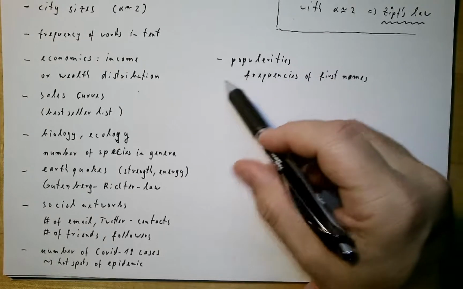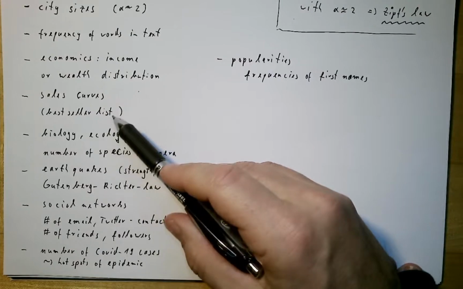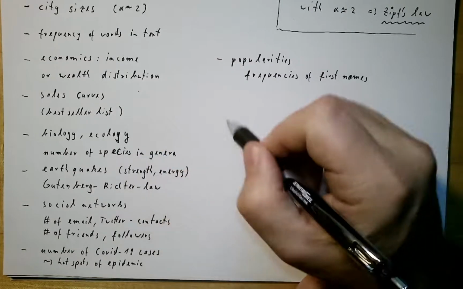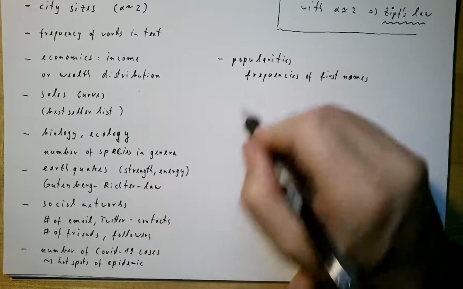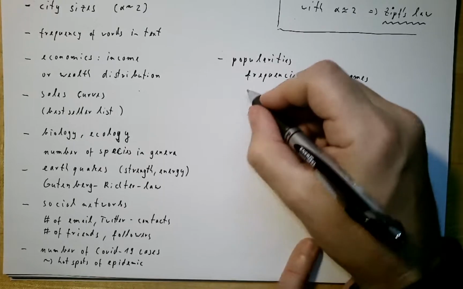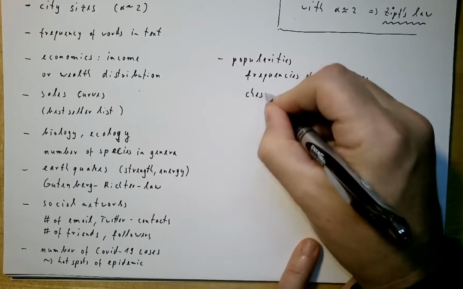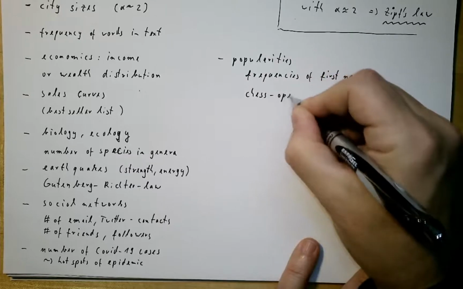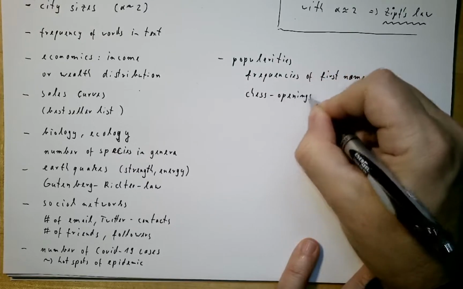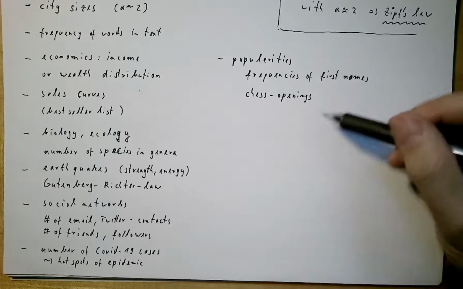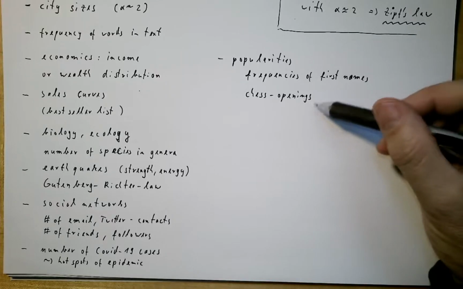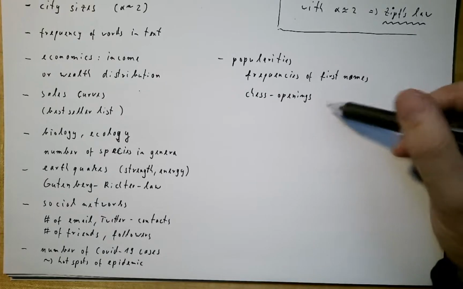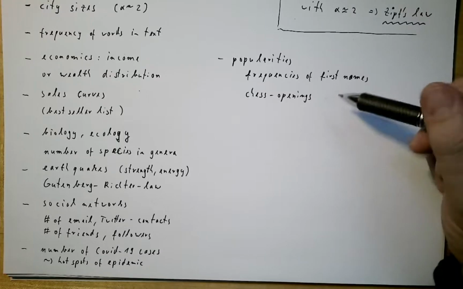This popularity is very similar to the sales curve, the bestseller lists. I also did research there. We looked at the popularity of chess openings. When you play a chess game, you can start with a certain opening, making some moves which are popular.